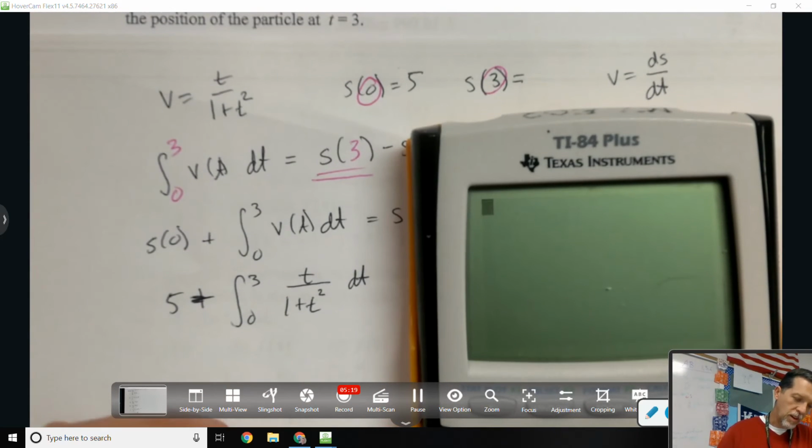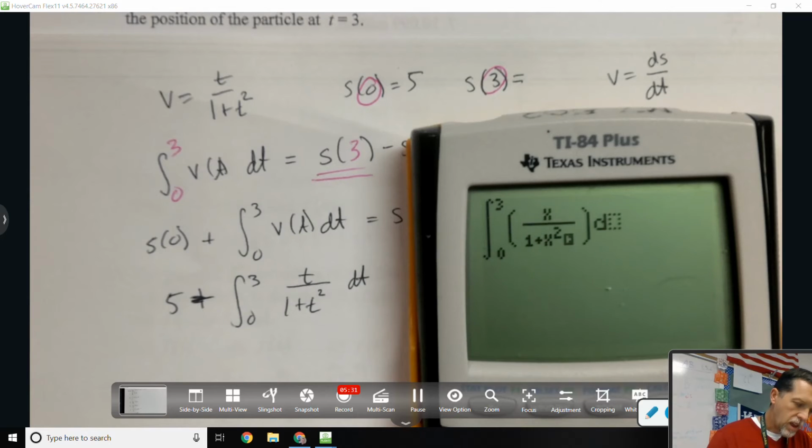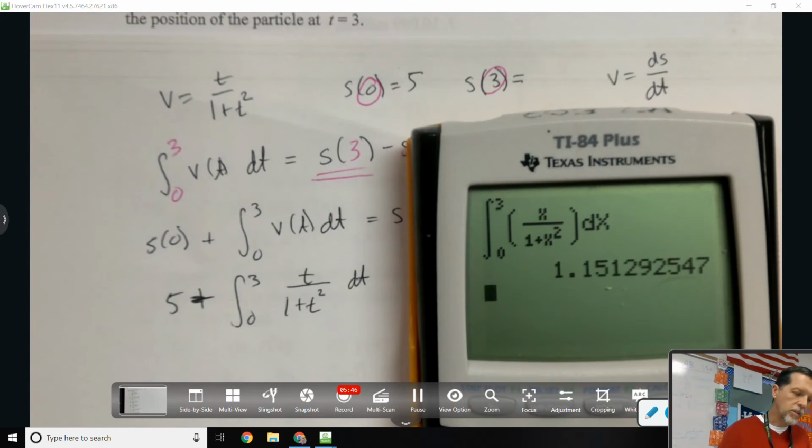Other people just remember that it's math 9 is what they want. 0 to 3. Get fancy and put a fraction bar in there if you like. And you can put it in terms of t, but the x variable is easier to use, so I'm just going to put it in terms of x. That's the same thing. So the antiderivative from 0 to 3, x over 1 plus x squared dx. Let the calculator do the work.